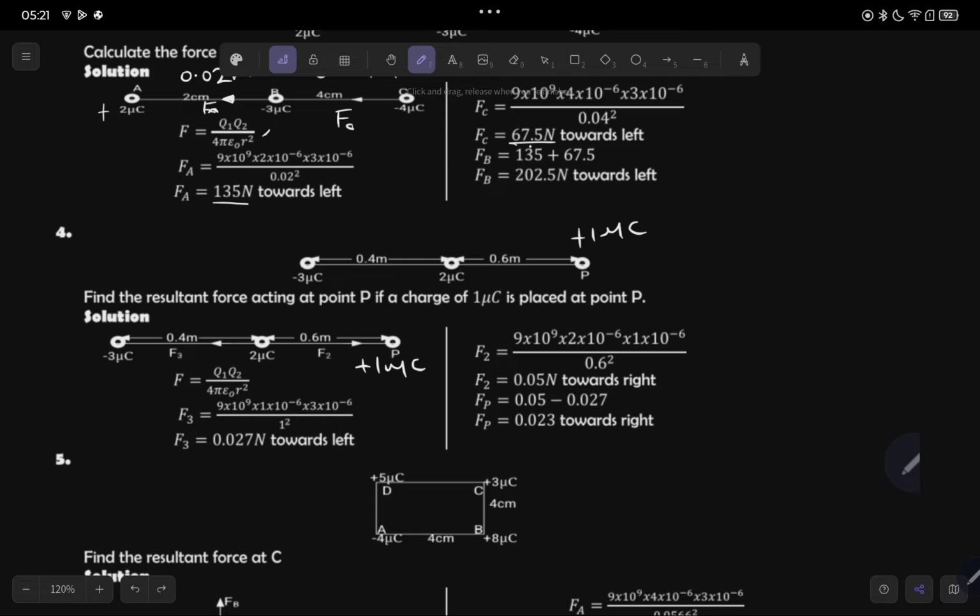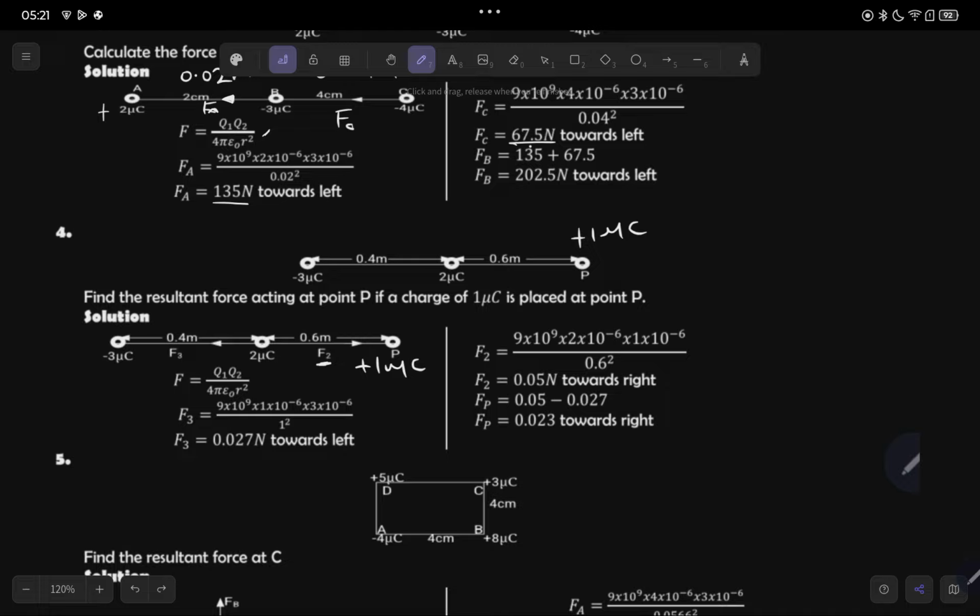The 2 microcoulomb charge is going to push away the positive charge at P, it will be a repulsive force. That's why you're seeing force F2 pushing away our positive 1 microcoulomb.